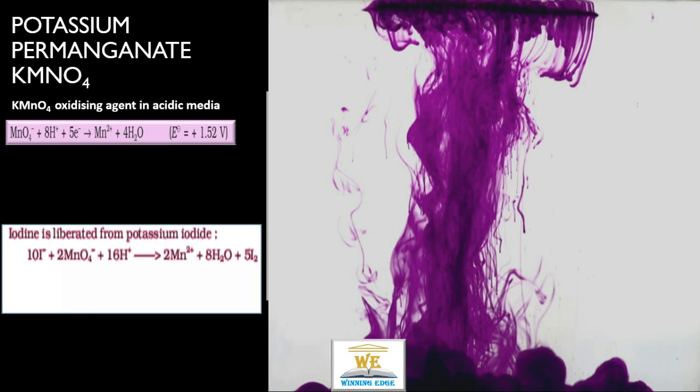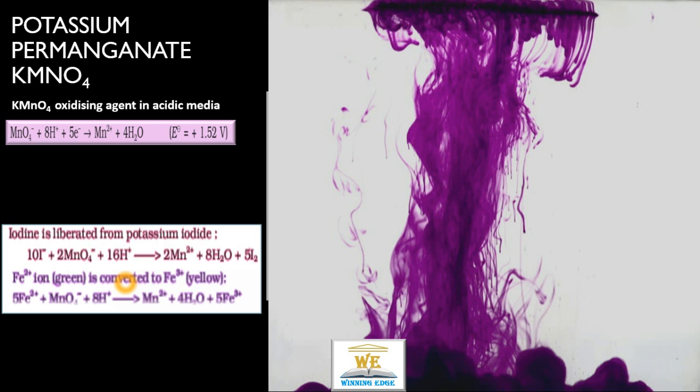In simple terms, we can see 2 moles of potassium permanganate can liberate 5 moles of iodine, or 1 mole of potassium permanganate will liberate 2.5 moles of iodine, because every mole of iodide liberates 1 mole of electrons. Next, iodide goes to iodine.